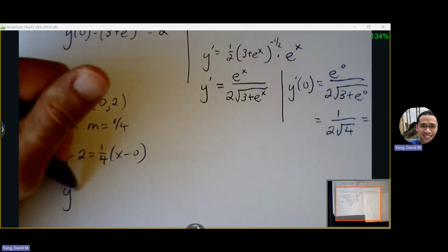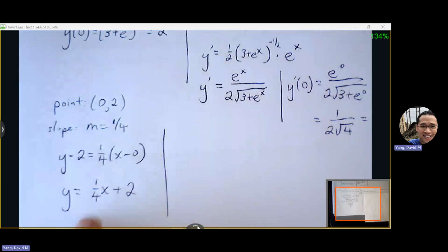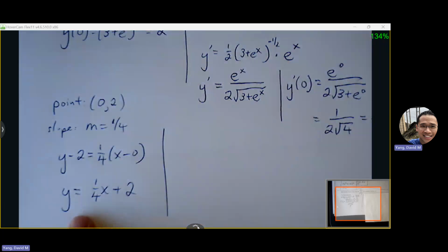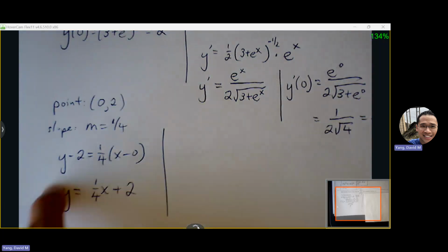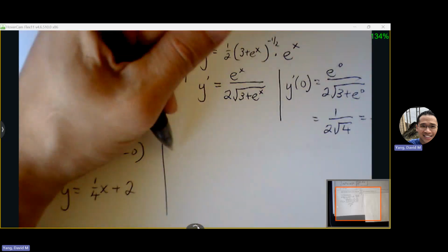I'm just going to move that 2 over. And once we get our tangent line equation, the final step is just to plug in that 0.08. That's where the approximation comes in. The linear is what we did here, and the approximation is putting in that decimal.